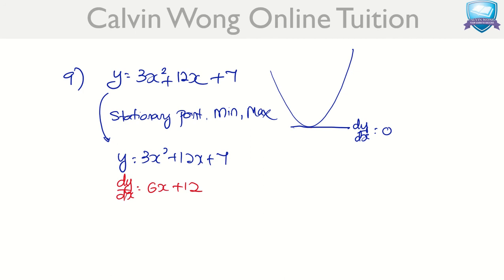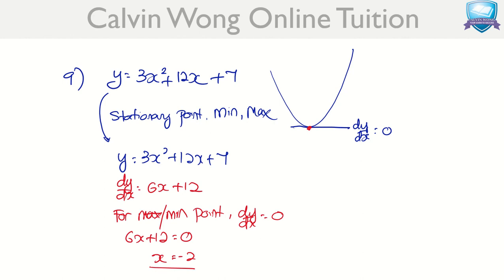I want to find this point. dy/dx equals 0. So we mention here for maximum or minimum point. In this case, it is a minimum point. dy/dx equals 0. So we know 6x plus 12 equals 0. So x equals negative 2.